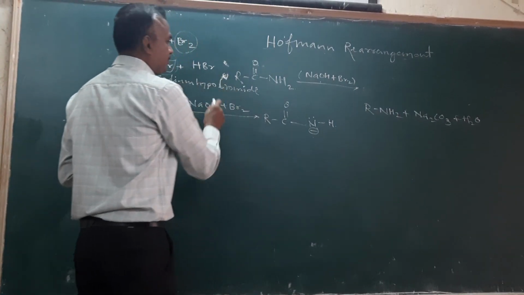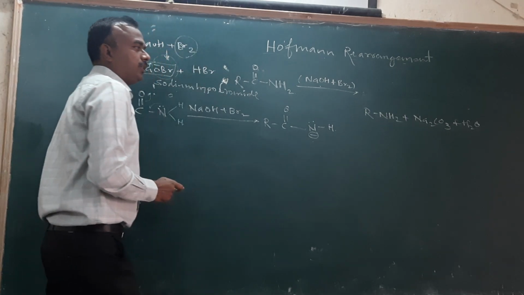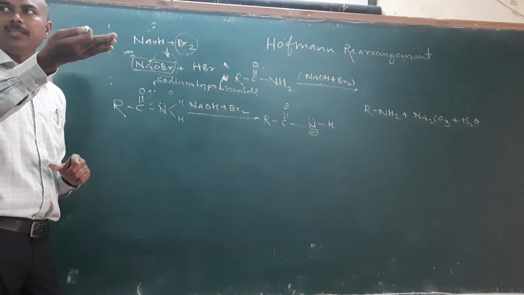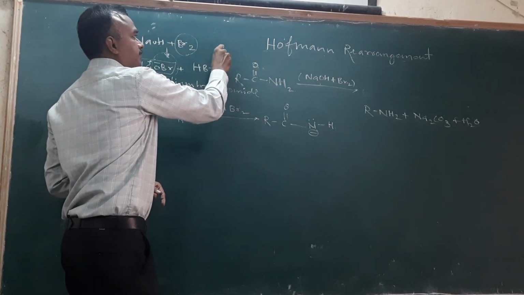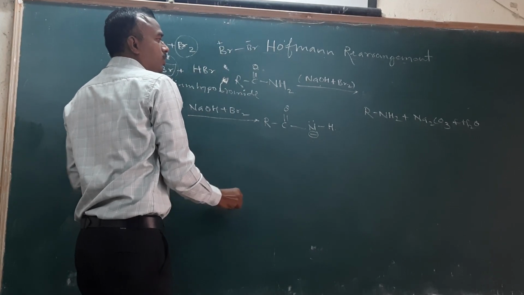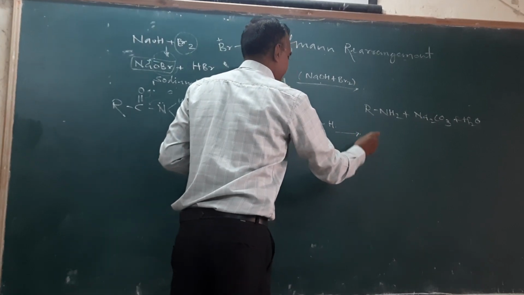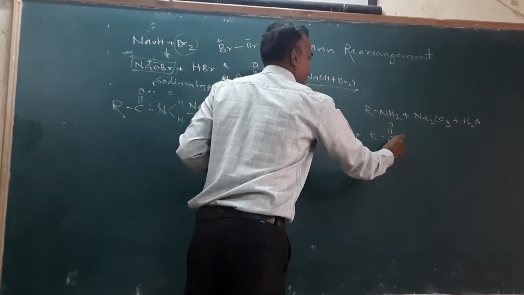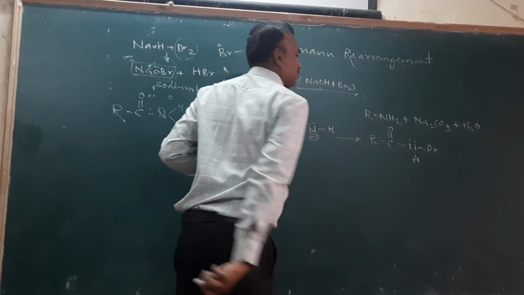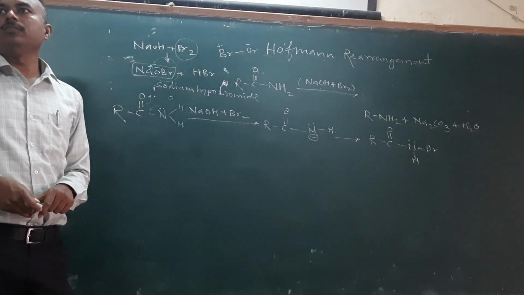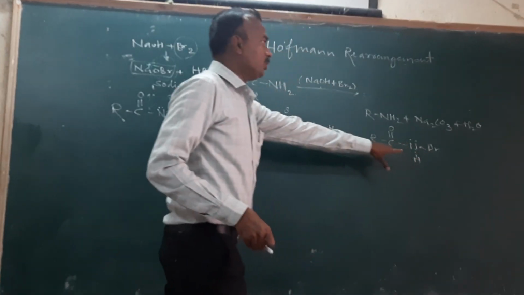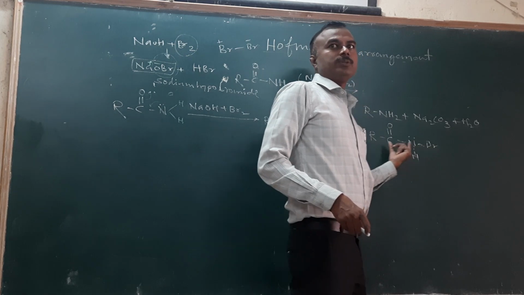So this minus charge will attack on the Br. So you will end up with N Br H. Yes, so another proton. Now this is electronegative, and this is also electronegative.